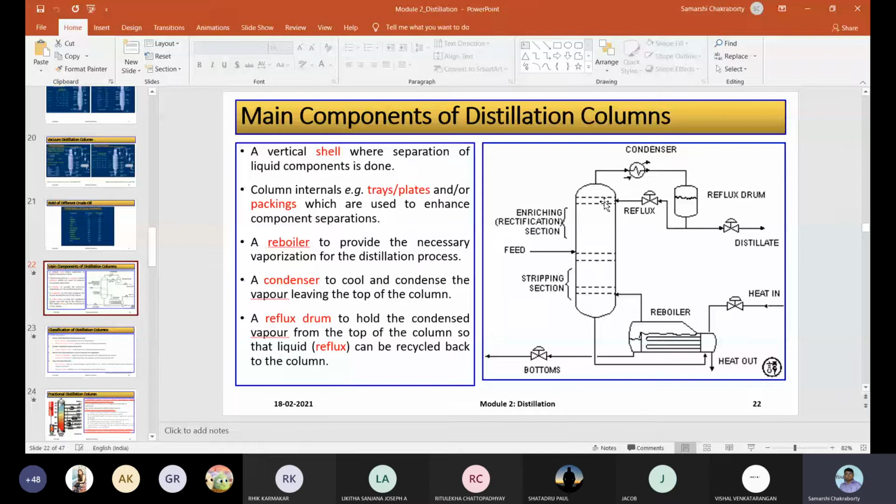So the tray is holding a little bit of liquid, but if the liquid holdup goes too high, what can happen? If you increase your reboiler temperature, too much vapor is going to be generated within your distillation column, and it is going to pass through like this, and whatever liquid is present in your trays is going to be carried over, because there is significantly high vapor flow.